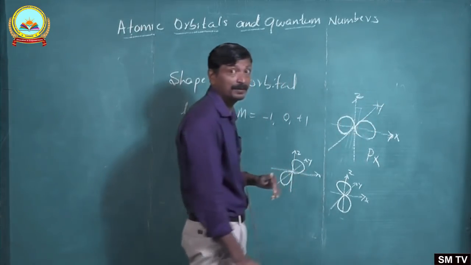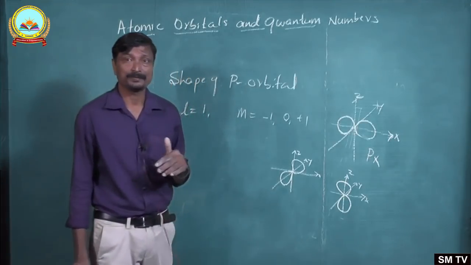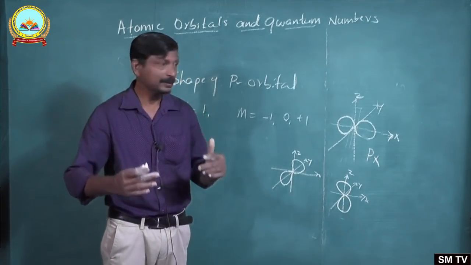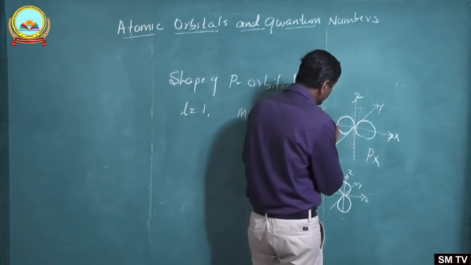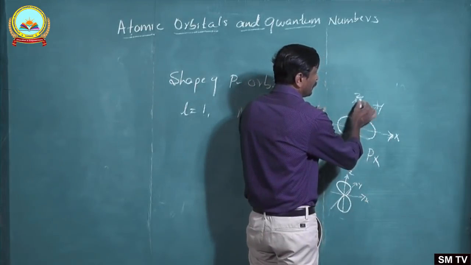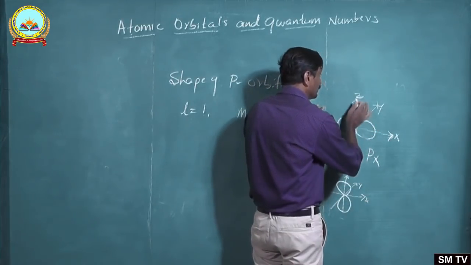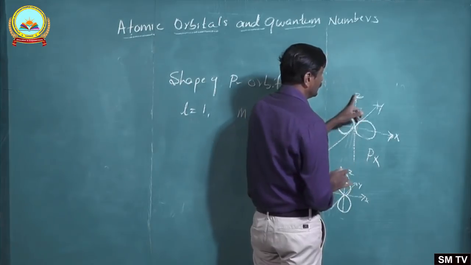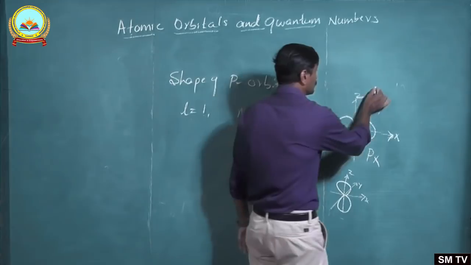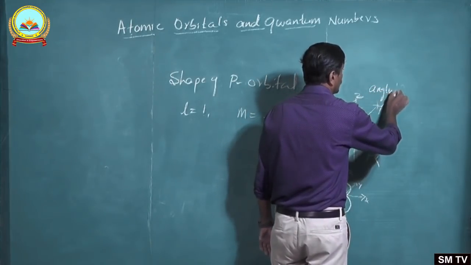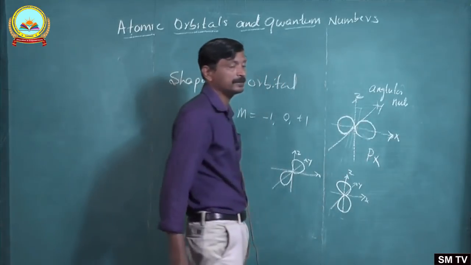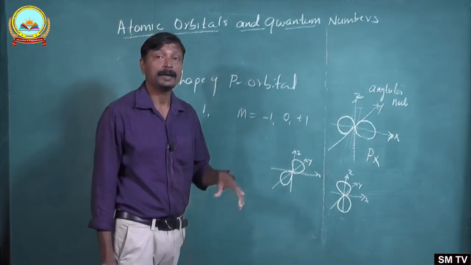This is called an angular node. In the s orbital, I discussed the radial nodes. So for px, you have no electron density on the xy plane and yz plane. This is called an angular node.